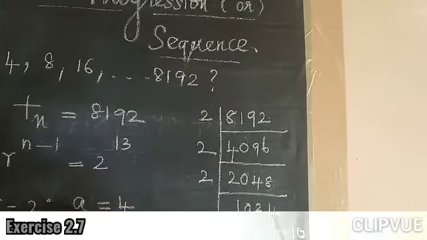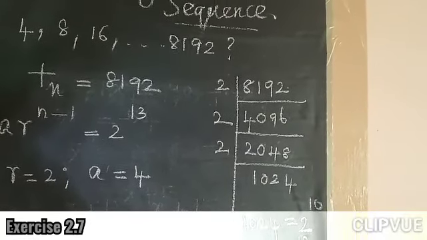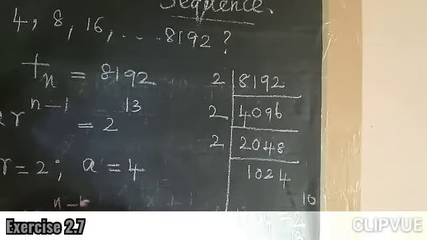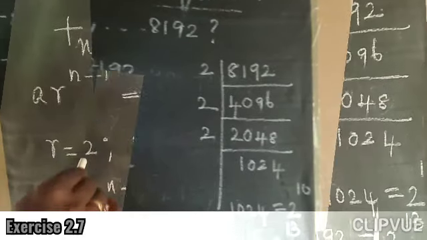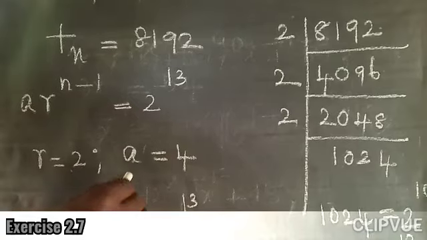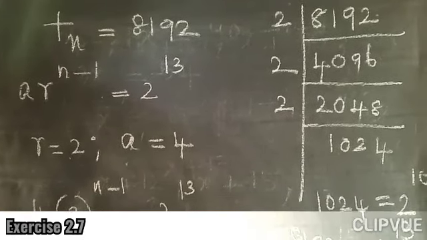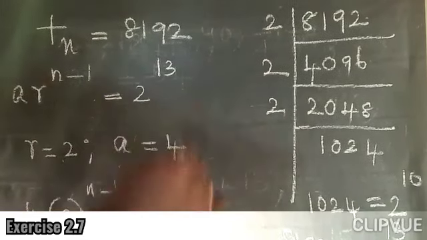If I assign this value here, we can get 4 into 2 power n minus 1 is equal to 2 power 13. This is the value of 8192.